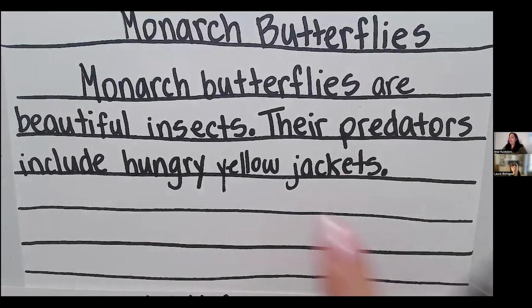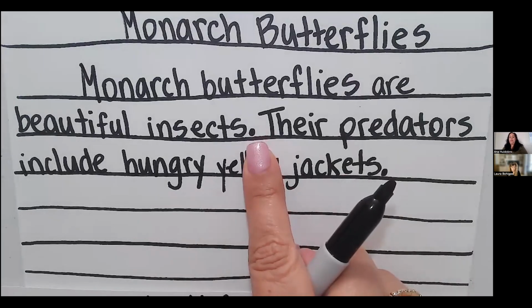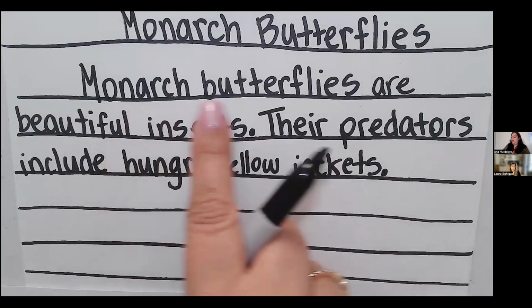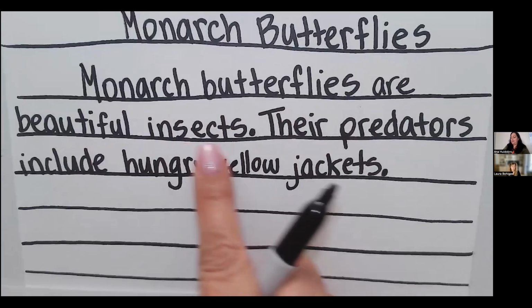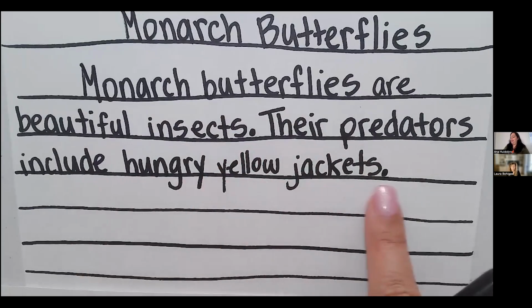Now remember, every time you see a period, there should be a little pause. If you forget to do that when you're reading aloud, it's not going to sound too great. But a trick I've used is to give a little breath. So like this: monarch butterflies are beautiful insects. Their predators include hungry yellow jackets. That way it's not all bunched up.